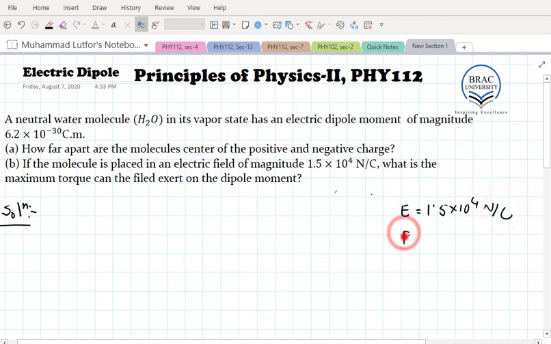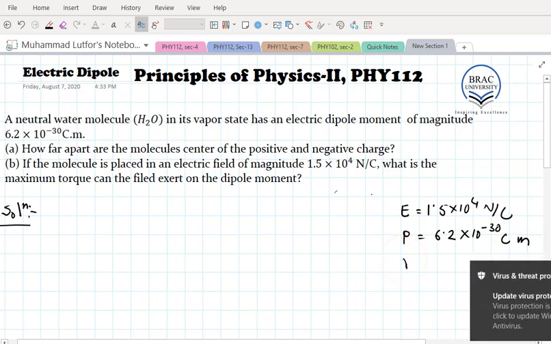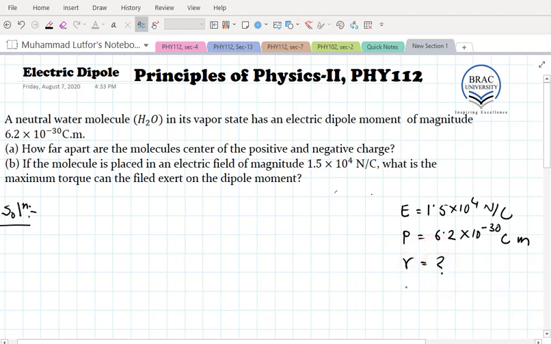The magnitude of the electric dipole moment is 6.2 × 10^-30 coulomb meter. Then they ask us to find the distance between the positive and the negative charge, which we express by r. And the second one, they ask for the torque, the maximum torque in this case.